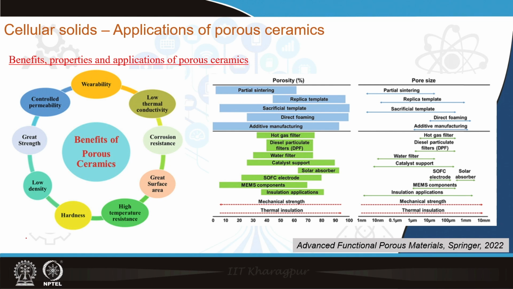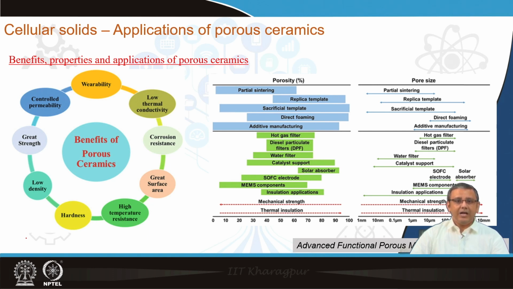There are some ceramics like zirconium diboride or other borides and carbides which have a melting point of more than 3000 degrees Celsius, and these porous ceramics can be very optimum for very high temperature applications like exhaust gas applications and so on. Porous ceramics also provide high hardness because ceramics as such have high hardness.